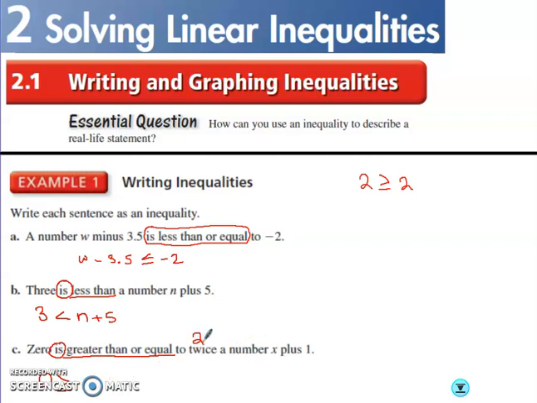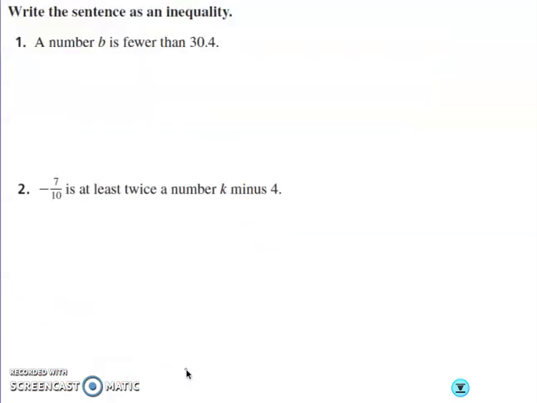So twice means we're multiplying by 2. My number is x. So I have 2 times x plus 1. Go ahead and take a moment, pause the video, and try these two on your own.